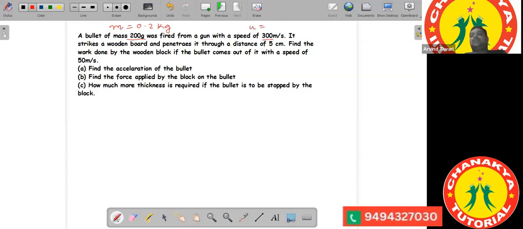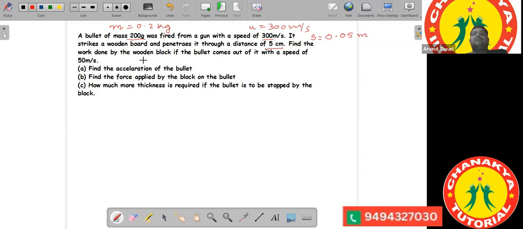So initial velocity u is 300 meter per second. It strikes a wooden board and penetrates it through a distance of 5 centimeter. Since this is the displacement, we convert it into meter, which will be 0.05 meter.